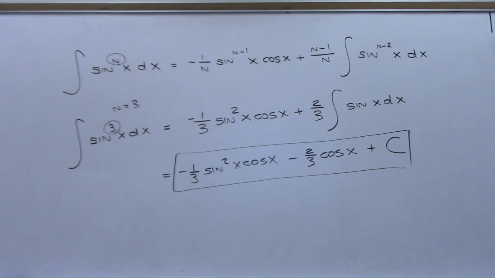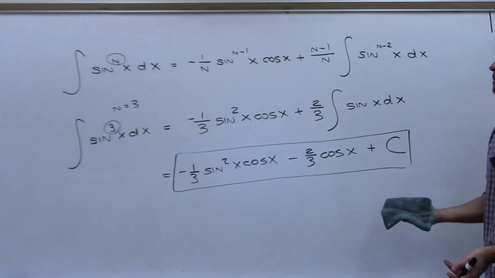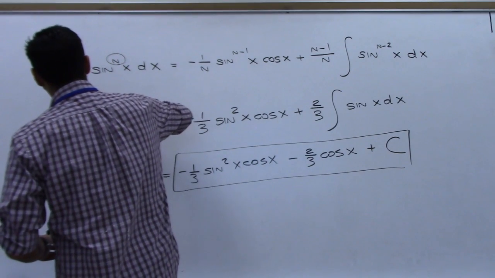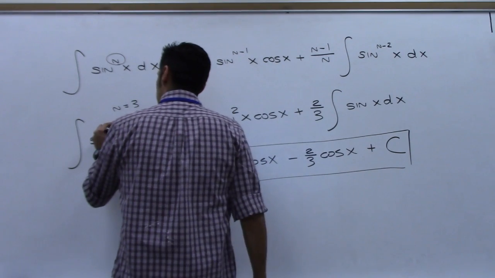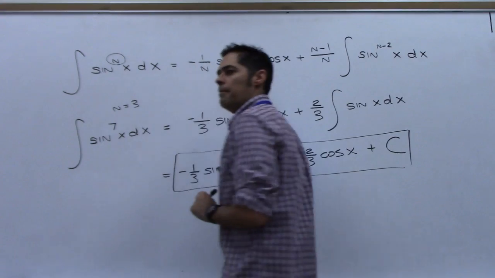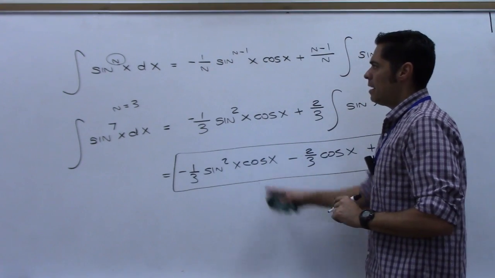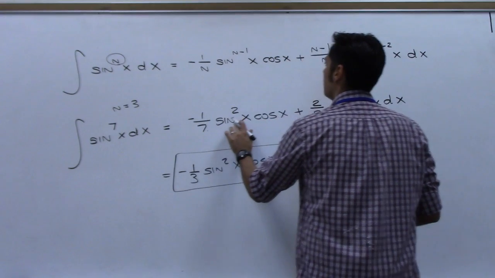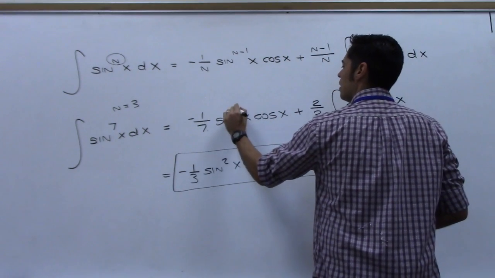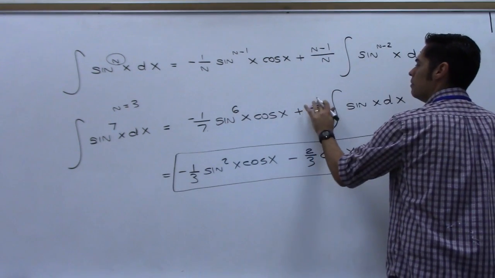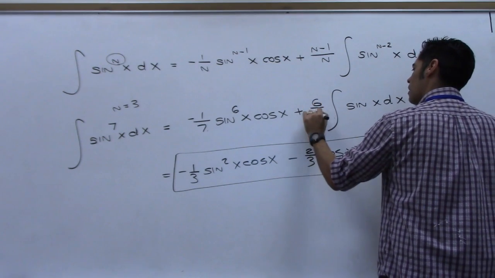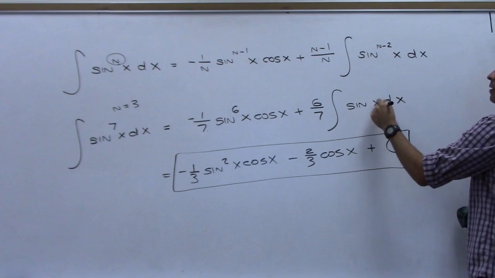So the usefulness of this formula would be that, let's say this power was 7. Then things would change here, right? This would become 7, then this would become 6, then 6/7, and then this one would become 5.